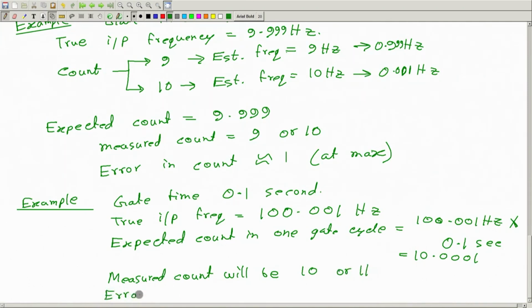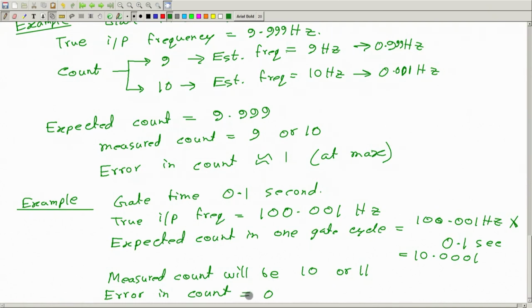So, how much error will we have? Error in count. If it is 10, then the error is almost 0, 0.0001. Let me first write the true value and then I will do the approximation.